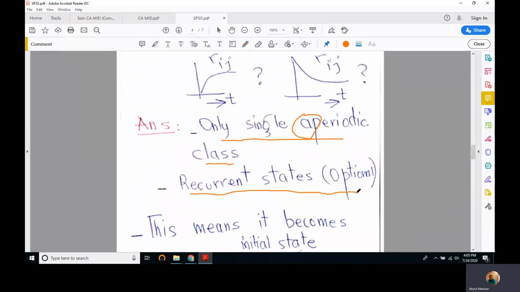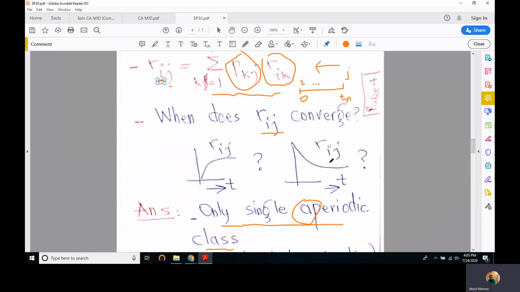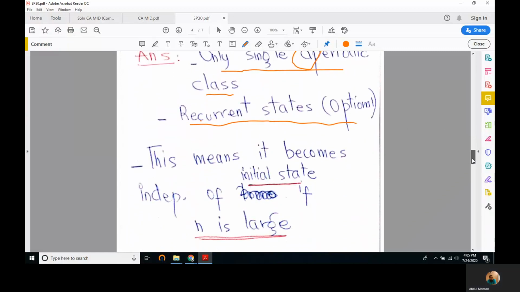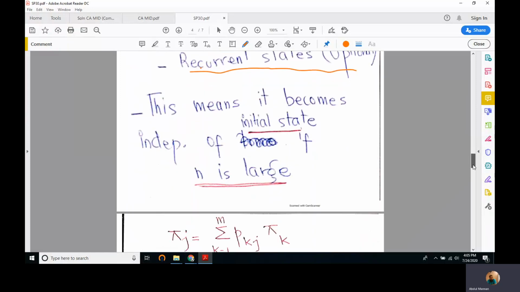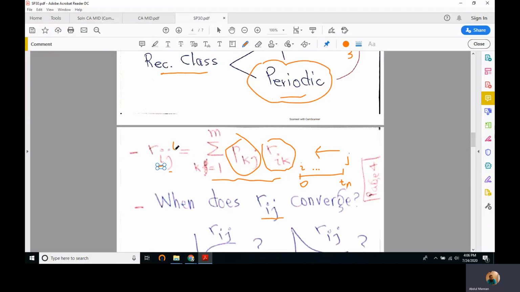We have studied a number of examples in our previous lectures regarding convergence of r_ij(n). Right, this means it becomes independent of the initial state. For very large values of n, r_ij(n) is independent of n. So it is also written as r_ij.